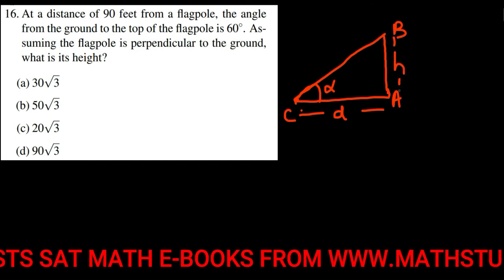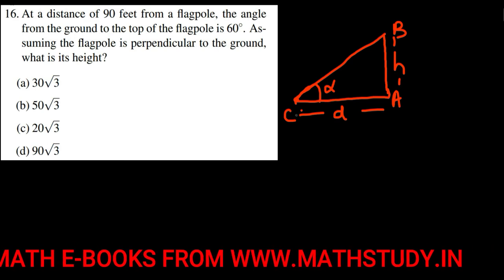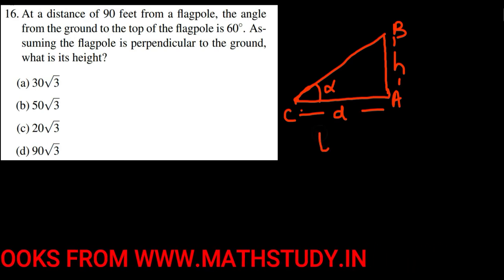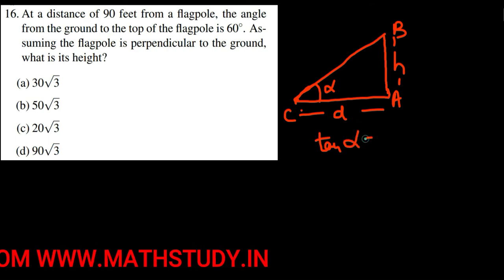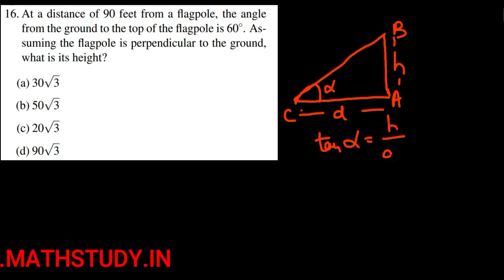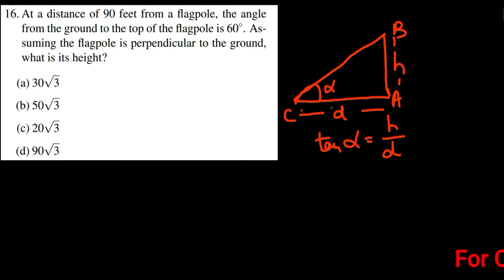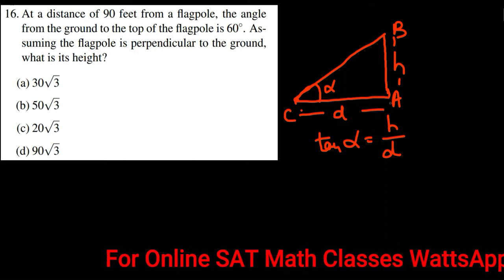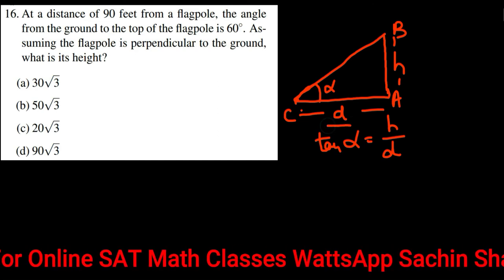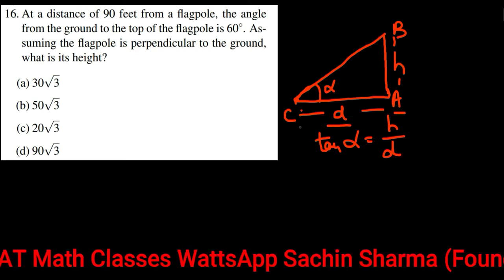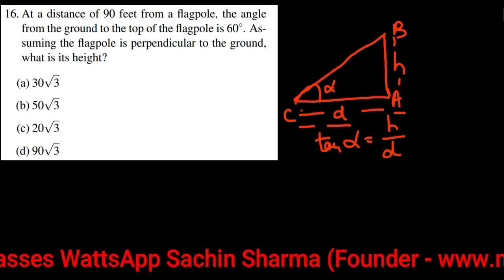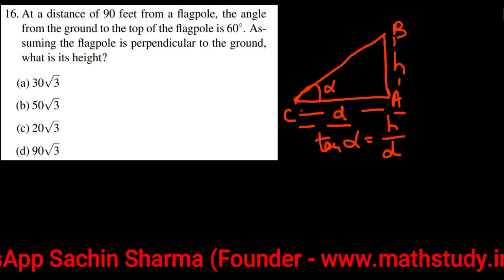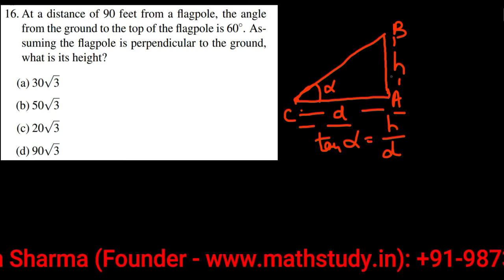Very simple. If we have angle alpha, then we can write tan alpha is equal to H upon D. If we have the value of H and alpha, then we can easily find the value of AC, which is the distance between the person and the pole. And if the distance between A and C is given, and alpha is also given, then easily we can find the value of AB.